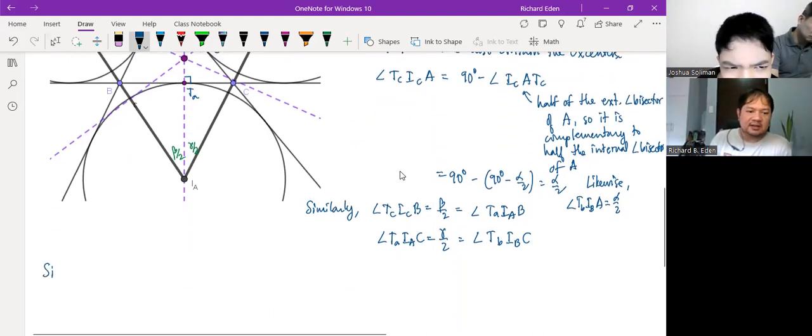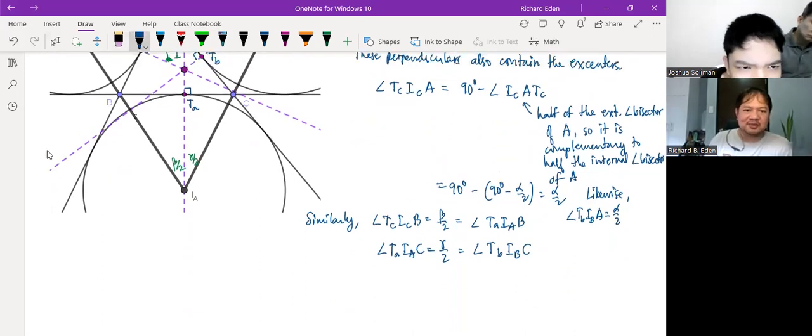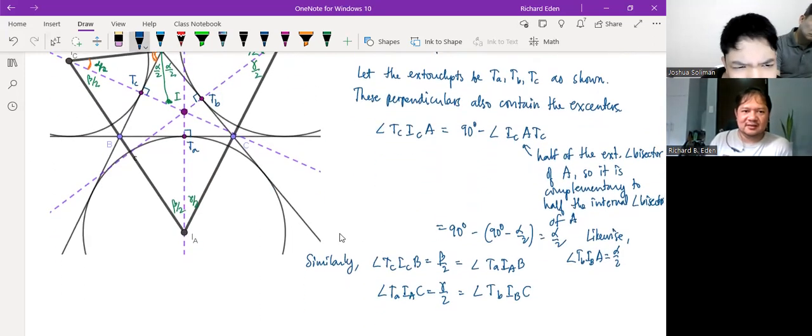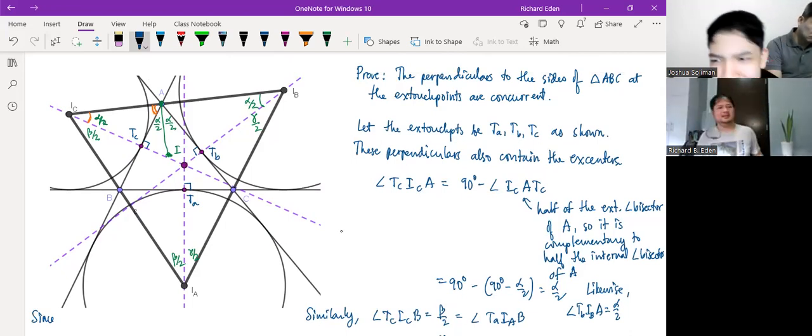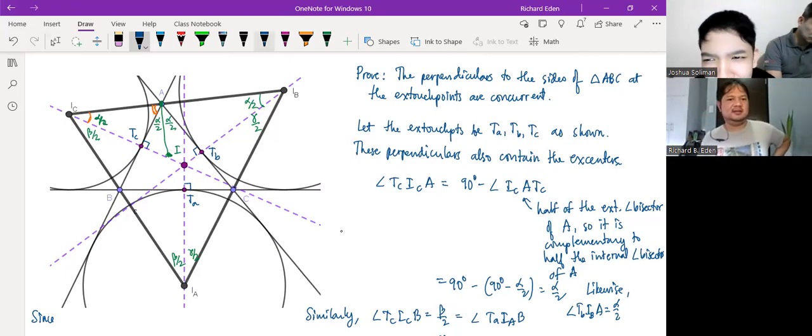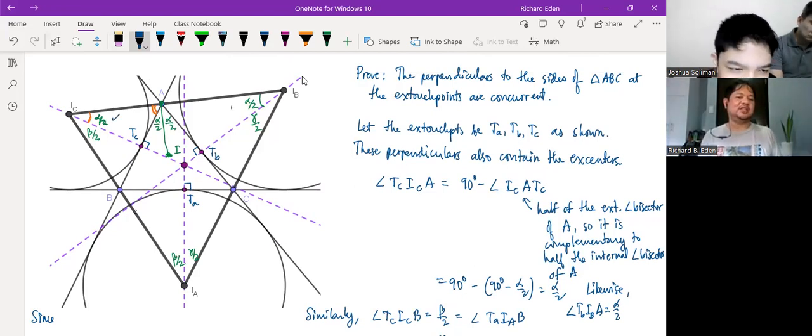Since it's hard to see the angles, let me write it here. I was wondering, is that point the incenter of the large triangle composed of the X centers? Look, this angle equals this angle.